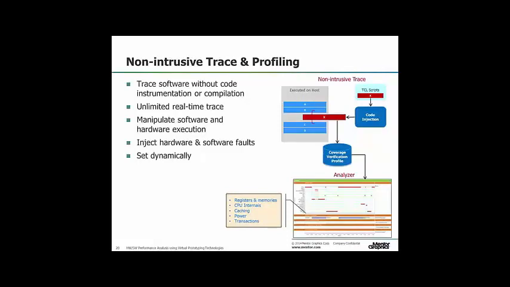So we're not going to be changing the image size or impacting the performance of the software image at all. This mechanism is made possible because the virtual prototype is in control of the instruction set simulators. So we understand exactly what each core is doing. And when each function is executed on each core, we can trace and track that automatically.